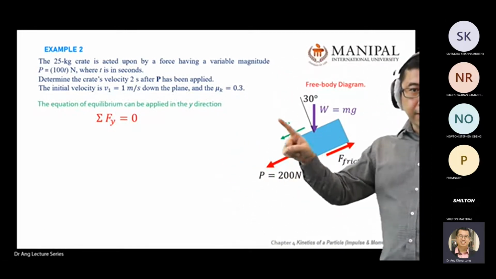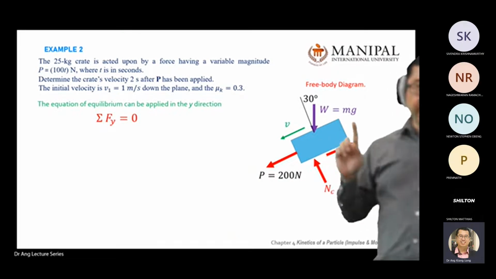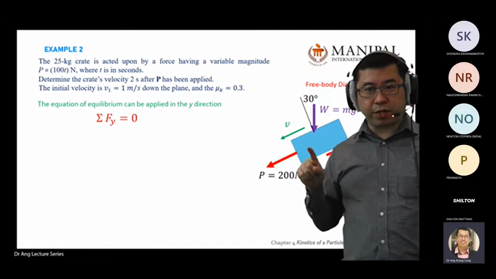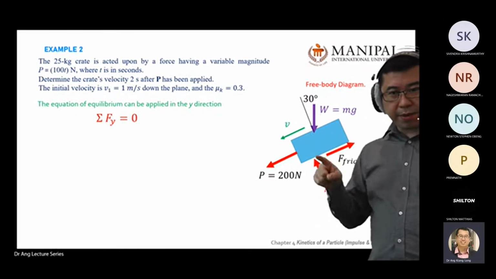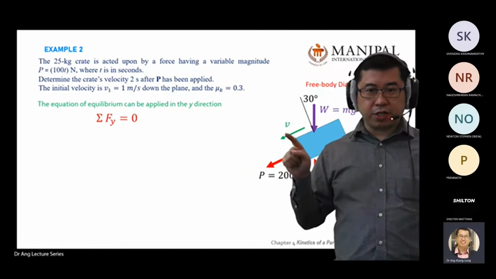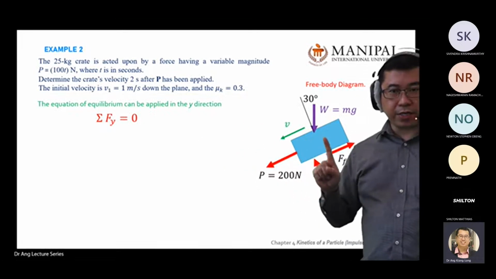Just look at the free body diagram, and you balance all the forces in the y direction because we know that our crane does not fly into the air. It is in balance, with the change of velocity. So we look at all the forces in the y direction.